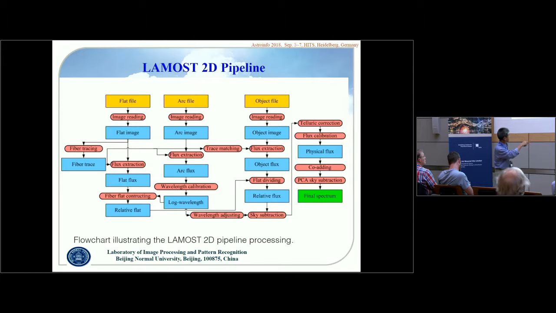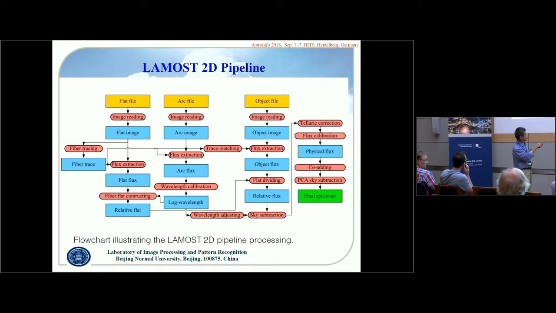Here we can see sky subtraction, then some work on flux calibration to get the flux. This part also has PCA sky subtraction, and we get the final spectrum.